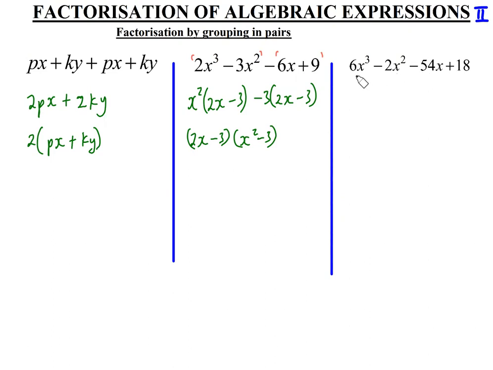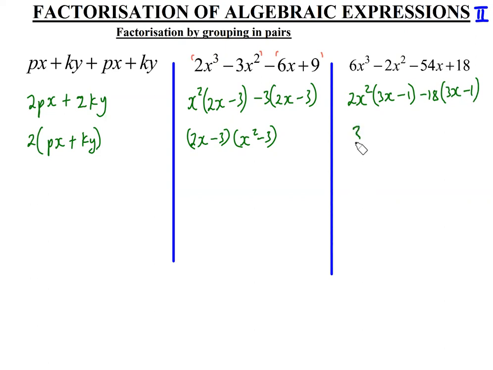Okay, then let's look at this again, and we take out what here. We're going to take out 2x squared, so let's take 2x squared outside. We're going to be left with 3x minus 1. Okay, then here we also take out negative 18, and you know that 18 goes 3 times into 54, so it's going to be 3x minus 1.